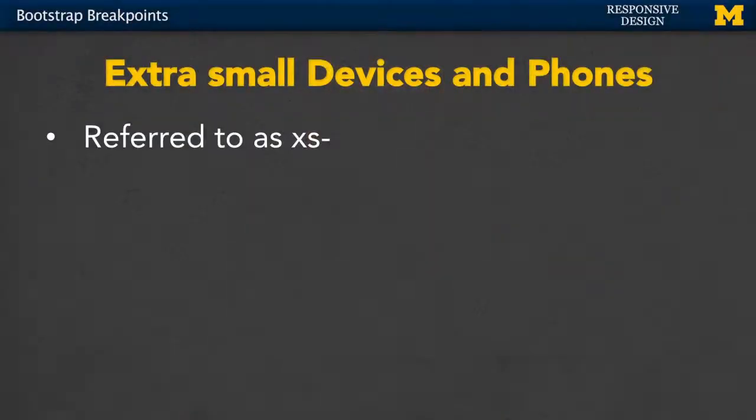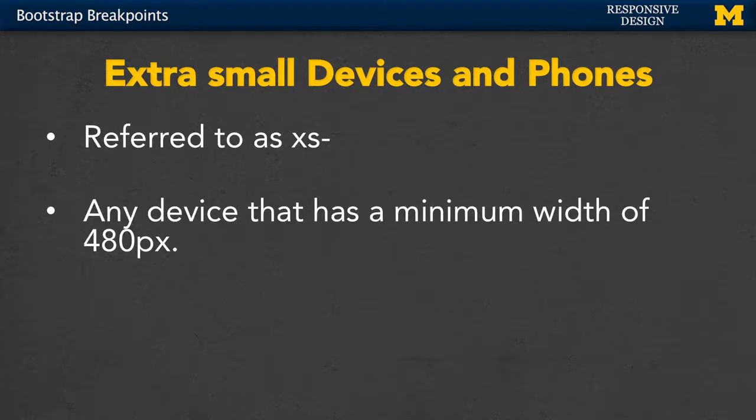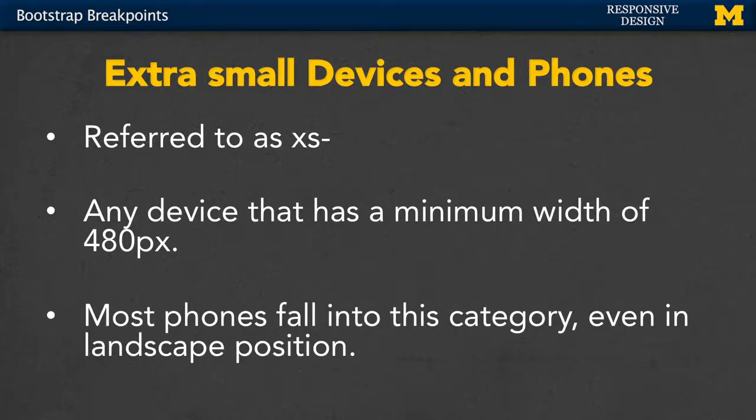So let's go on to the extra small devices and phones. In Bootstrap, these extra small sizes are referred to with an XS. Any device that has a minimum width of 480 pixels is going to be picked up by that XS. Most phones fall into this category, even when you're in the landscape position. So you're saying when you're looking at the phone, you assume, oh, this phone is at least 480 pixels wide.